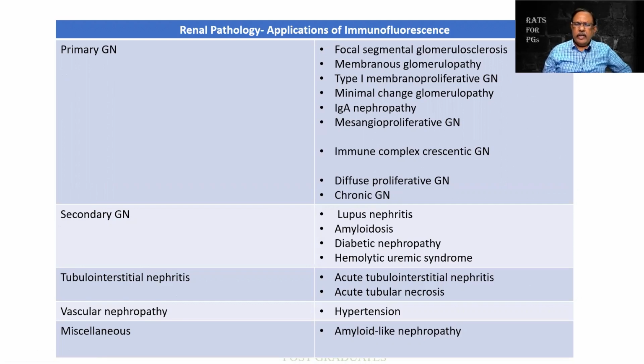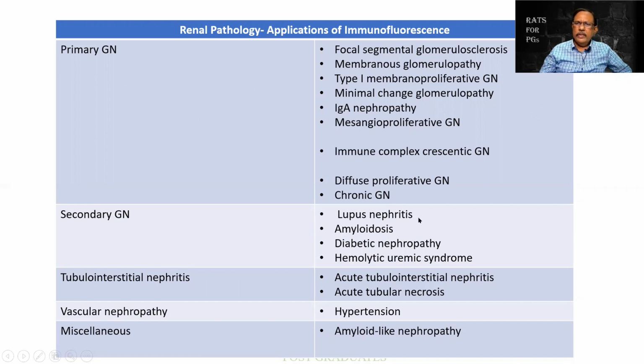Only the conditions I have mentioned over here, not the distribution as such. I would like you to kindly impart this in your paper when you are asked about the applications of the immunofluorescence.